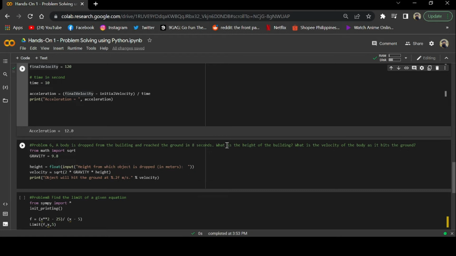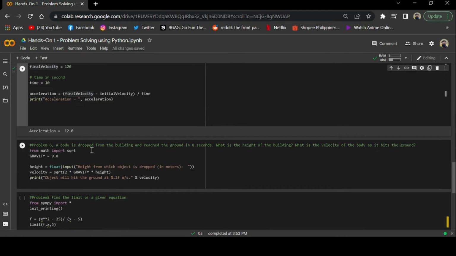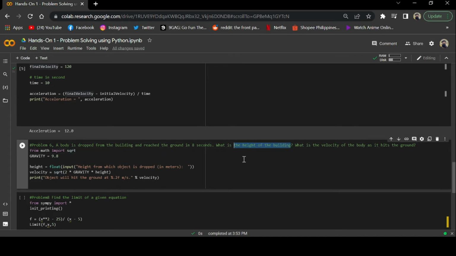So moving on, problem number 6: a body is dropped from a building and reached the ground in 8 seconds. What is the height of the building? What is the velocity of the body as it hits the ground? So from the given here, we're going to find the height of the building first, and then the velocity when the body hits the ground. The value for gravity is 9.8 meters per second squared, standard, and the height is what we need to find.